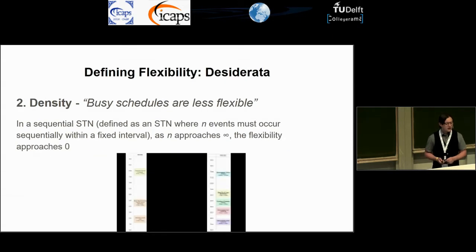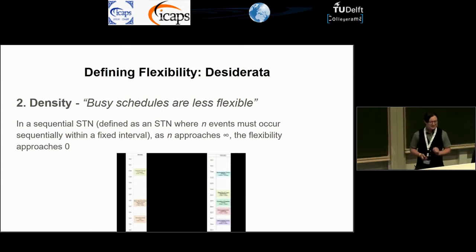Our second desideratum is density, and this captures the idea that busy schedules should be seen as less flexible. If your class schedule looks like the example on your right, if one of those classes runs late, you are likely to be late to the next class. However, if it looks like the example on the left, one of those classes running late is unlikely to impact the other classes.